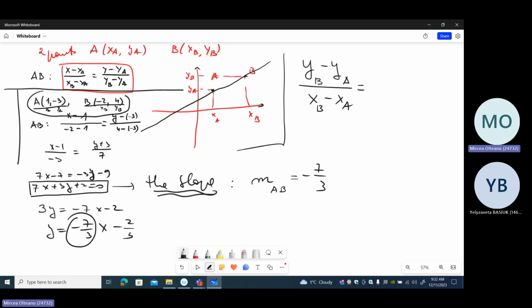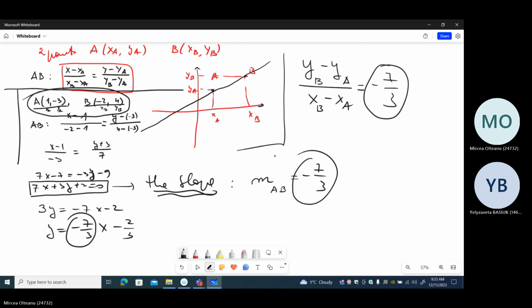They are written here. And I wait for you to tell me the answer. Minus 7/3. Minus 7/3, very well. So as you can see, this is exactly the slope. Yes, you understand what I'm trying to say.